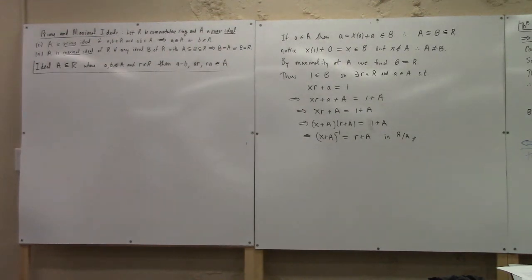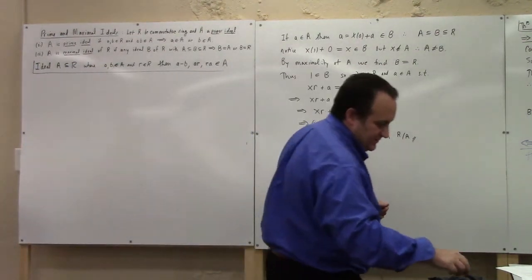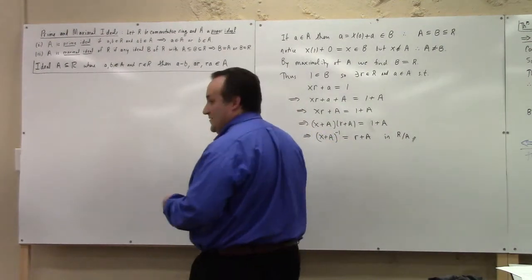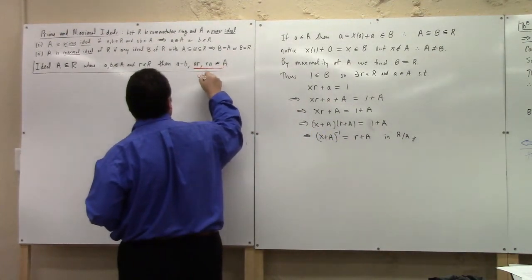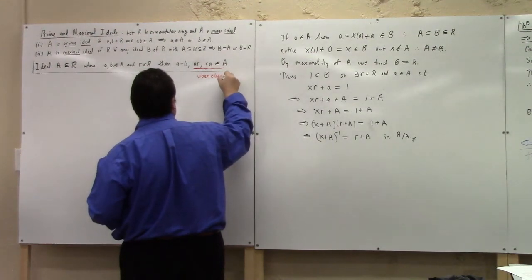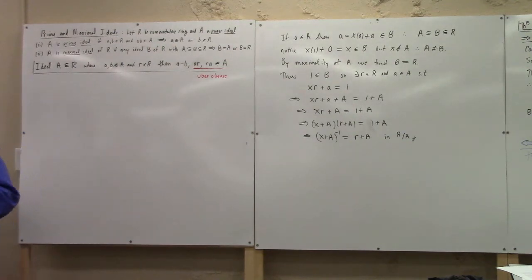But more than that, it satisfies these two conditions, which I refer to in honor of my colleague, Dr. Sprano at Liberty, as Uber closure. Uber closure says that when you multiply the ideal by things in the ring, doesn't matter if they're in the ideal or not, they all get sucked into the ideal. Like the ideal takes multiplication in the ring and just sucks it in. That's what an ideal is.